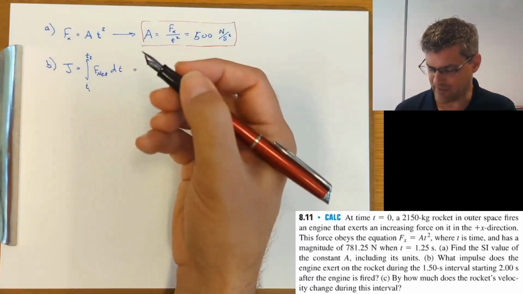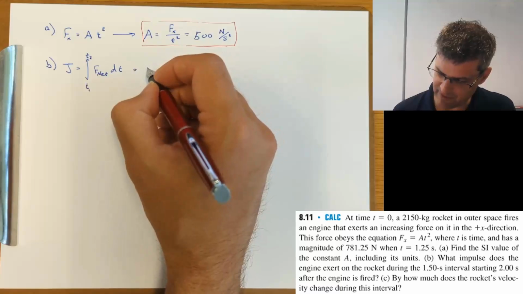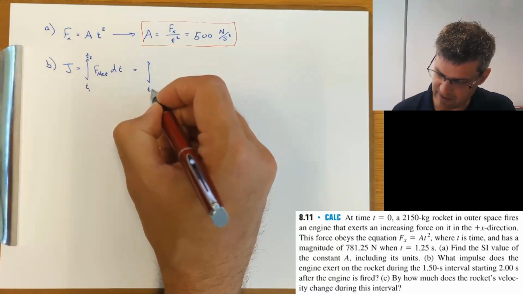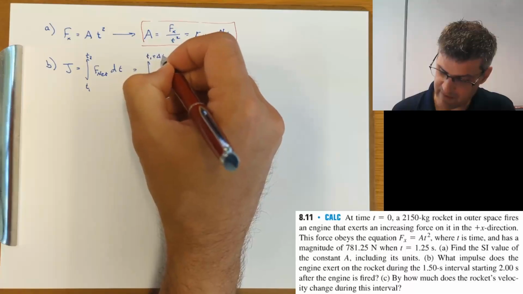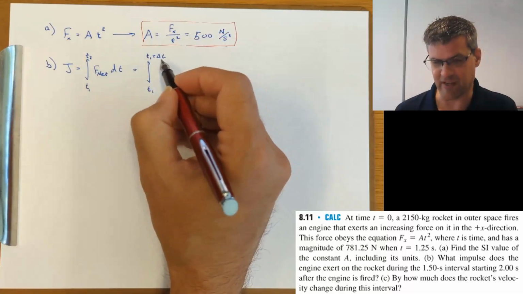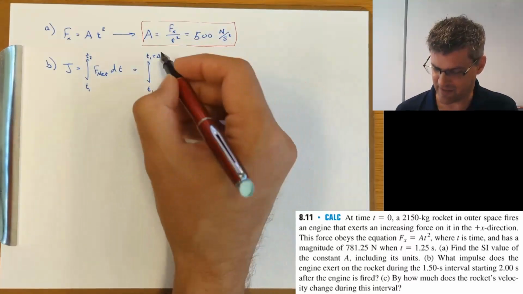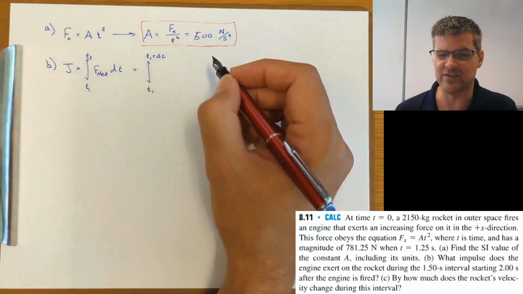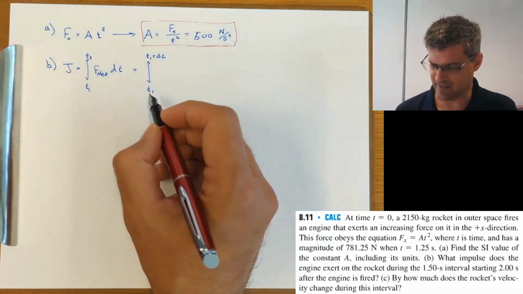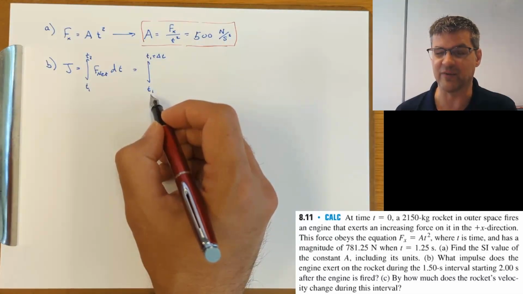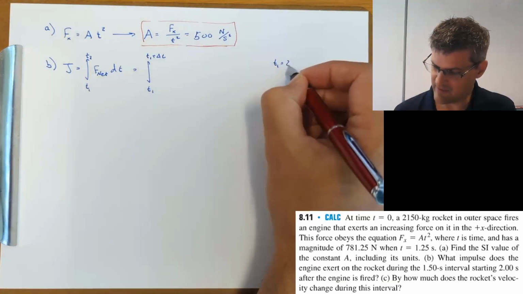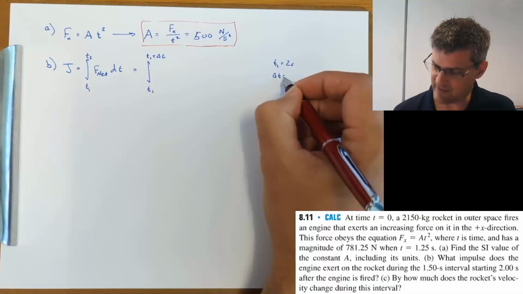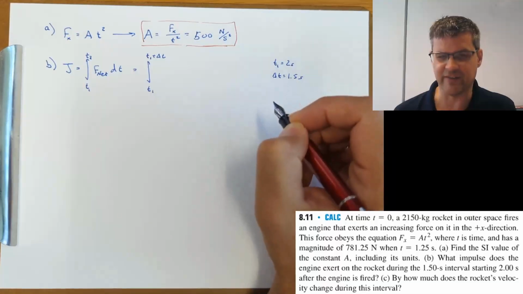Now, what we were essentially told here is a start time and some interval of time. I can call that delta t, whatever this is. So t1 is 2 seconds, and delta t is 1.5 seconds.